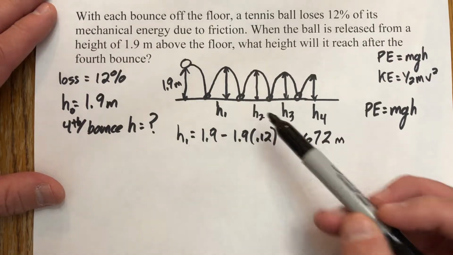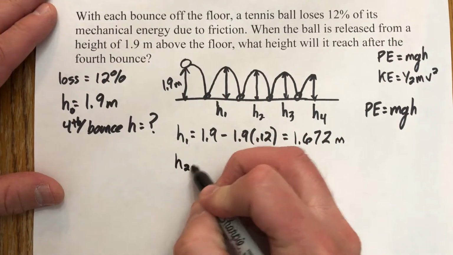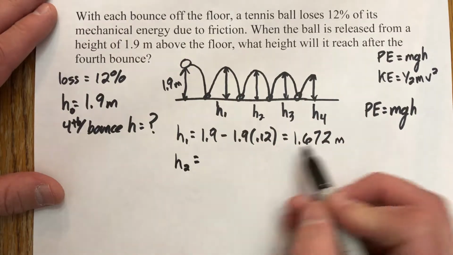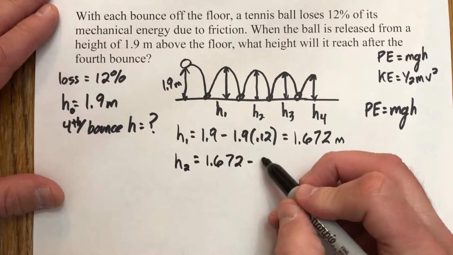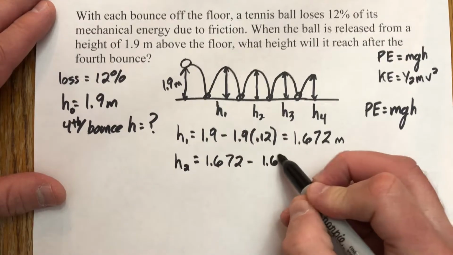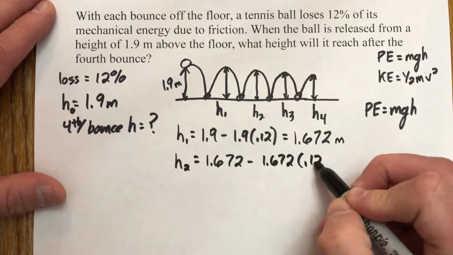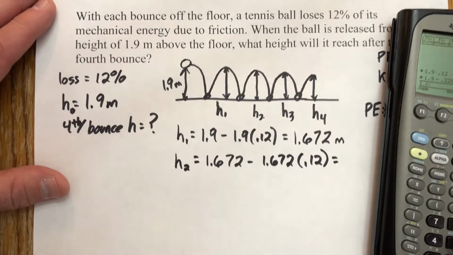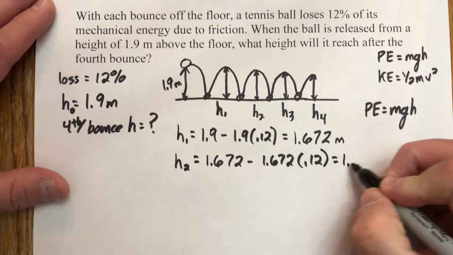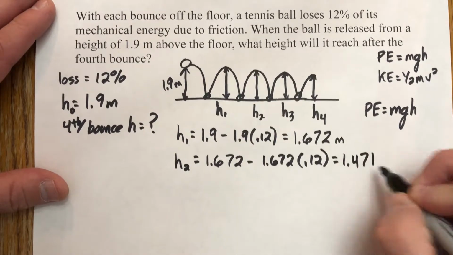So to write an equation for H2 then is going to equal the H1, which is 1.672, minus 12% of that, 1.672 times 0.12. And we do some math. We get 1.672 times 0.12 equals, then we subtract that from the original of 1.672 equals, so we get 1.471.